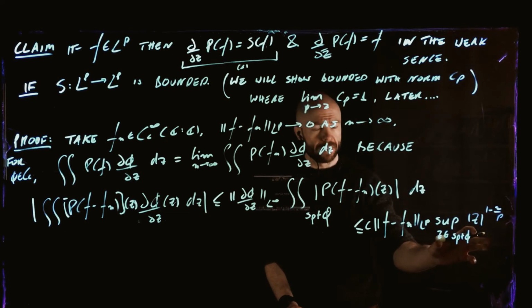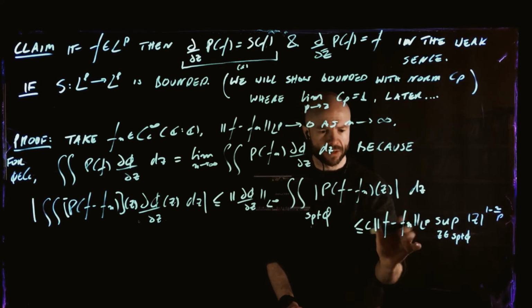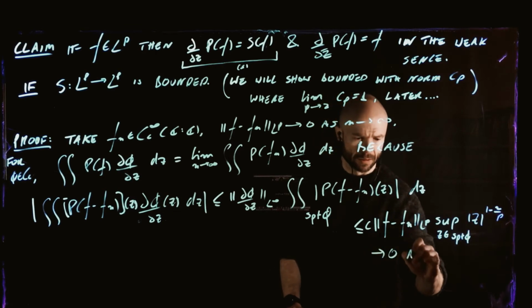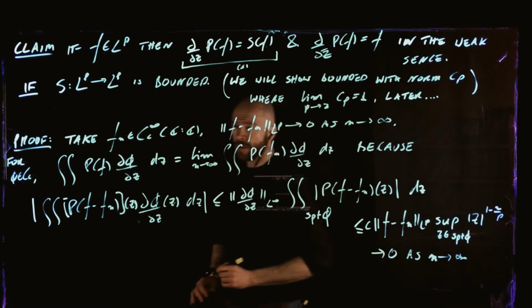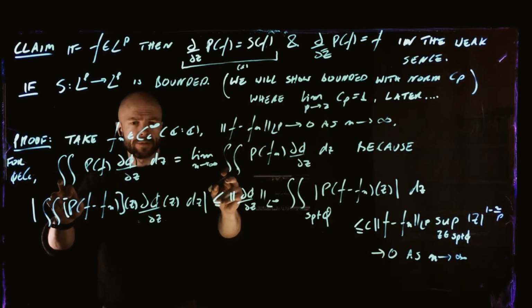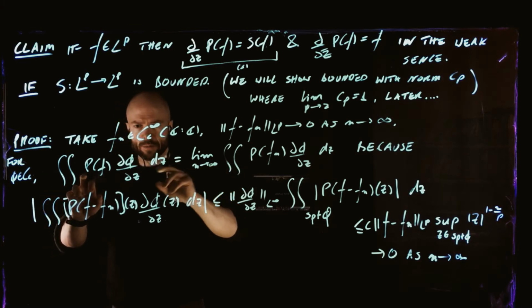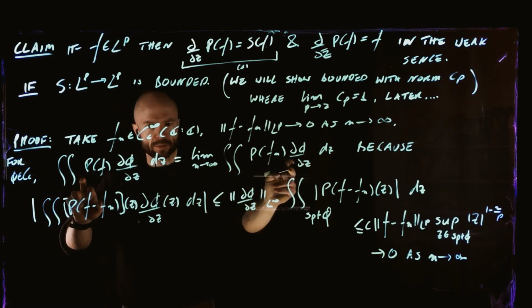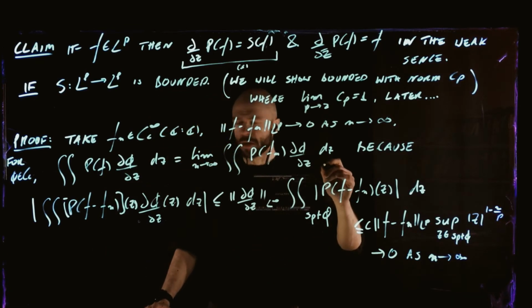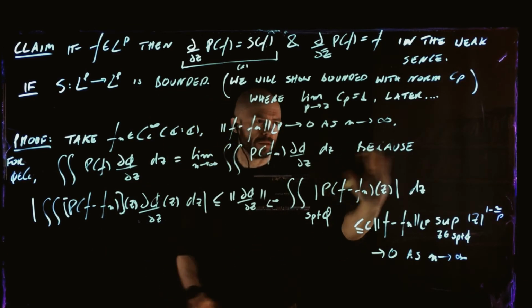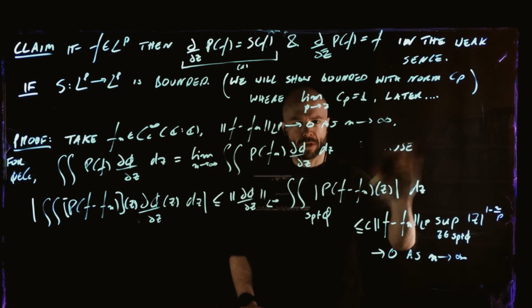Since we're in compact support, this thing is indeed finite, and this thing is going to 0. So it goes to 0 as n goes to infinity. So this claim is true. We pick our test function, if we write it like this, then it's the limit of this expression. Everybody happy with that? Thumbs up if you're with me here.